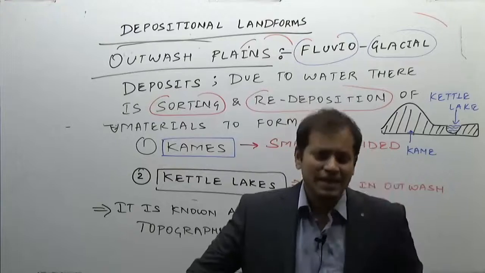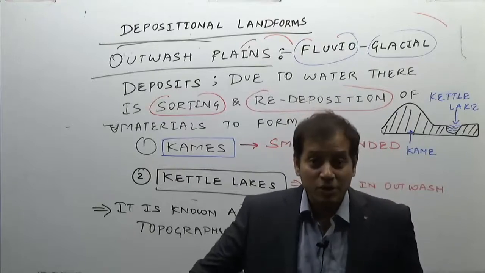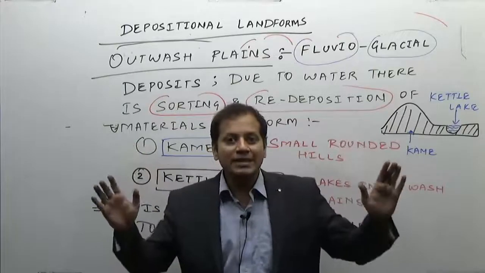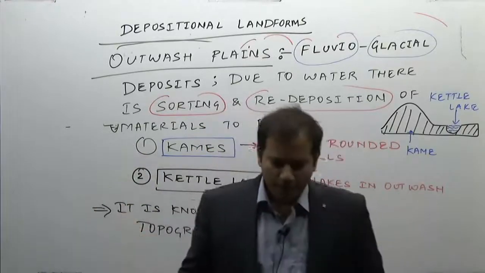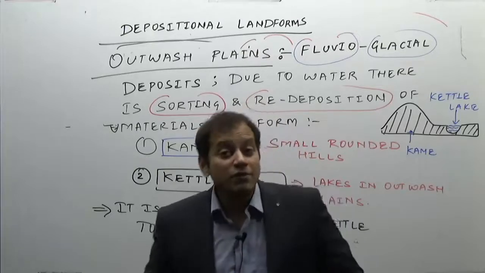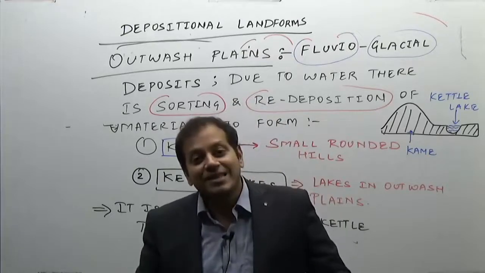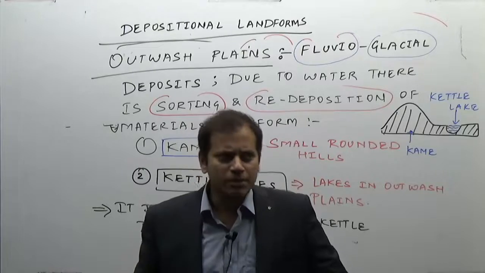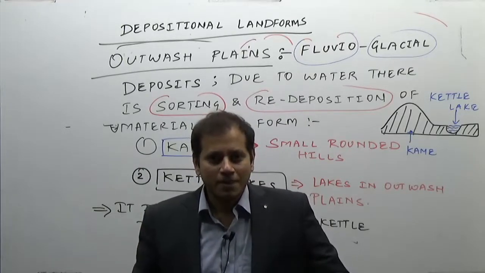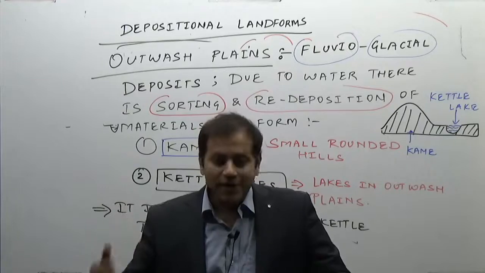Just before coming to economic geography, one thing for your thought process: which will be the dominant form of electricity generation in the glaciated region? Will it be thermal energy? Will it be hydroelectric energy? Hydroelectric energy.